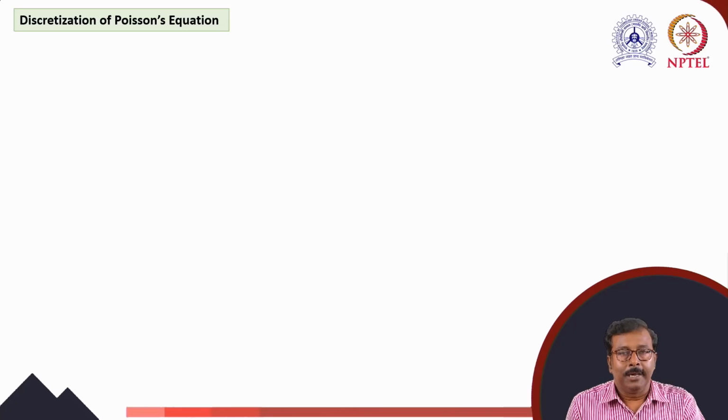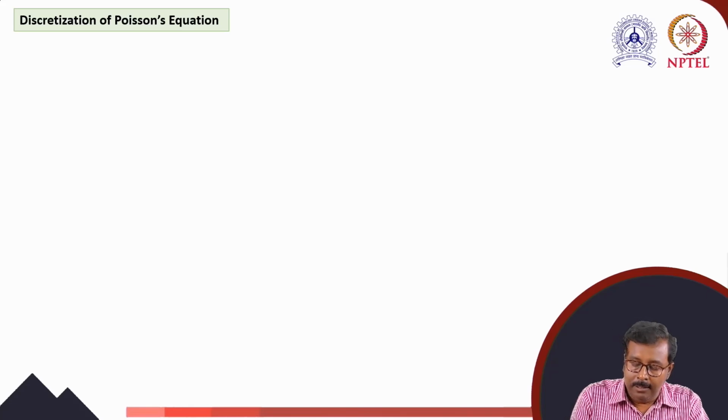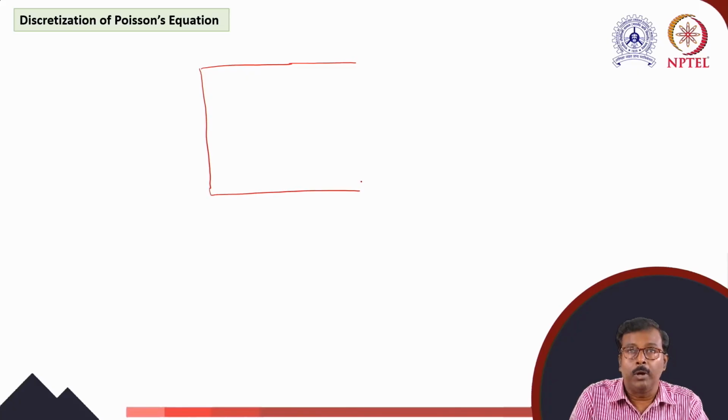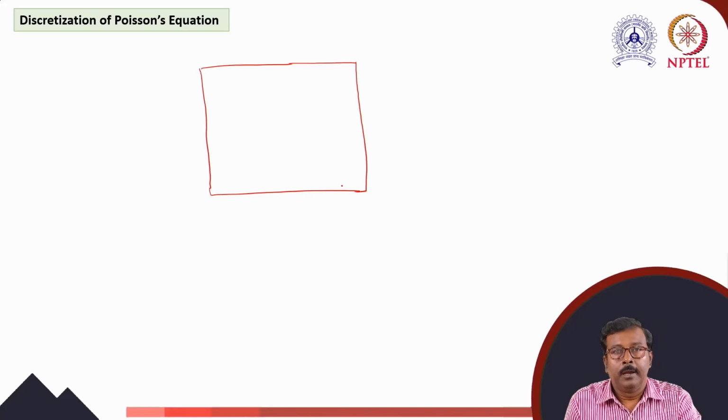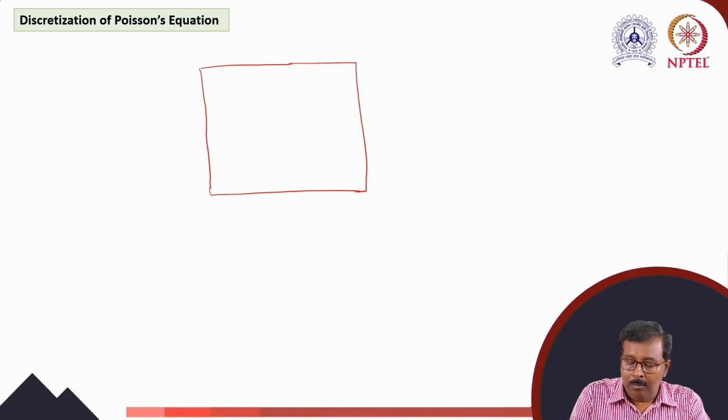Let us take an example of discretization of the Poisson equation. Let us consider a region, suppose a square shaped region, and we have, suppose, a few grids. For ease of example, I am considering a small number of grids.